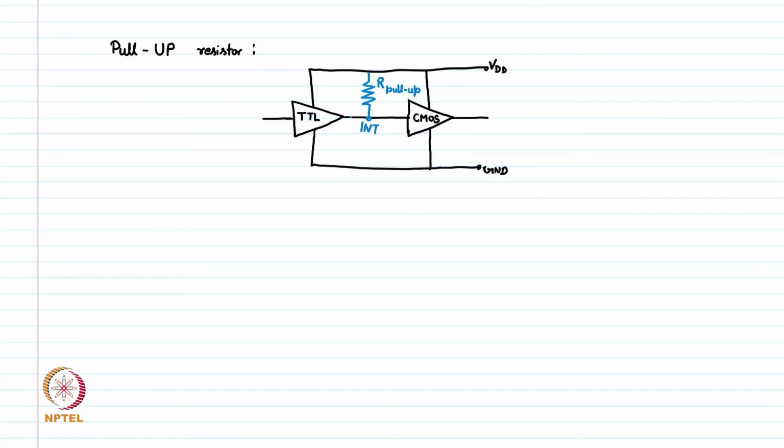When high needs to be written at the input node, the pull down network is turned off and this intermediate node is charged to VDD through this R pull up. So, this R pull up is called the pull up resistance.